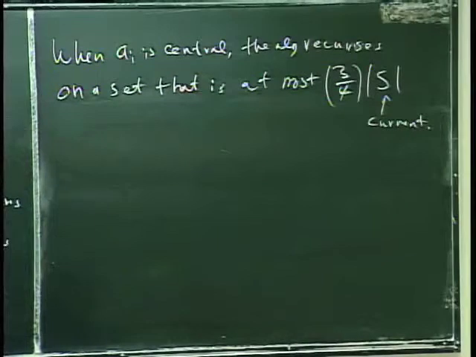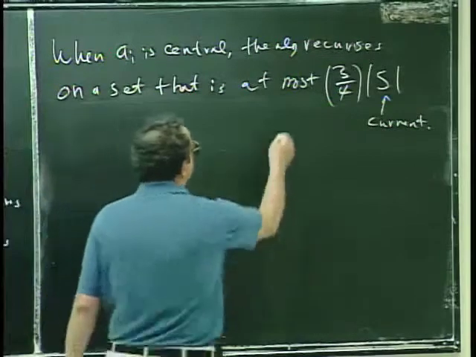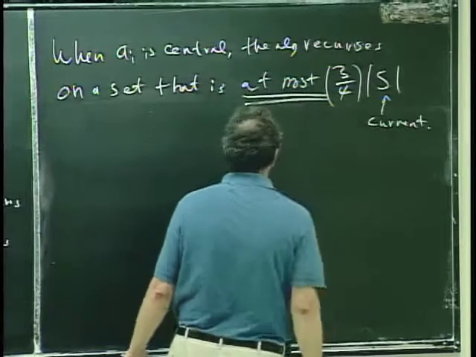You got rid of a quarter, so the size of what remains is at most 3/4 of the size of what you're working on. So it's at most 3/4 S.